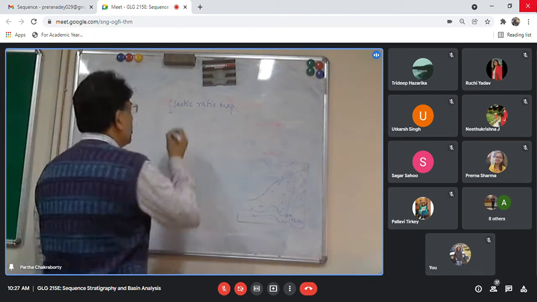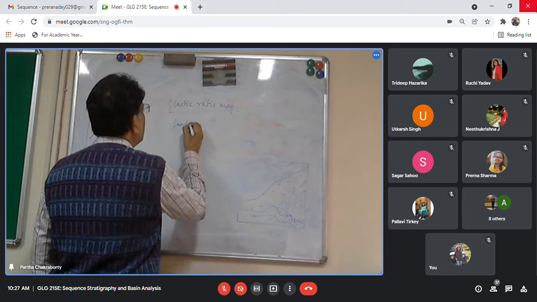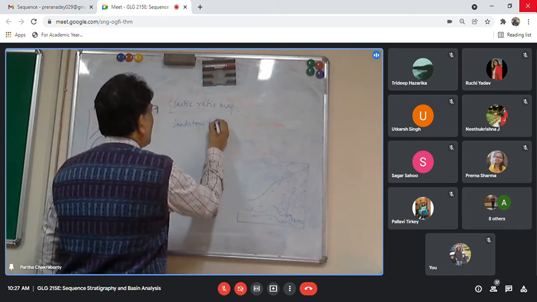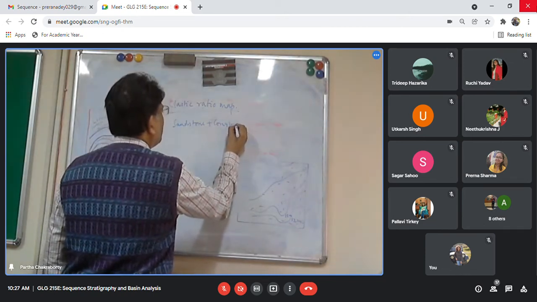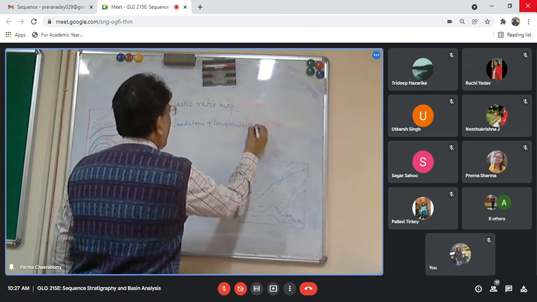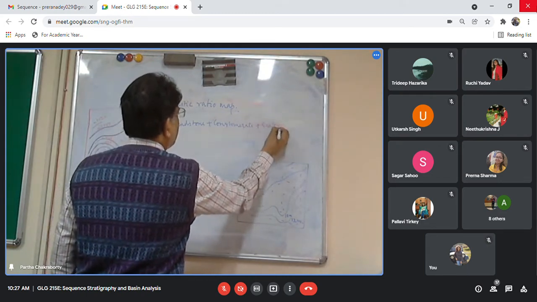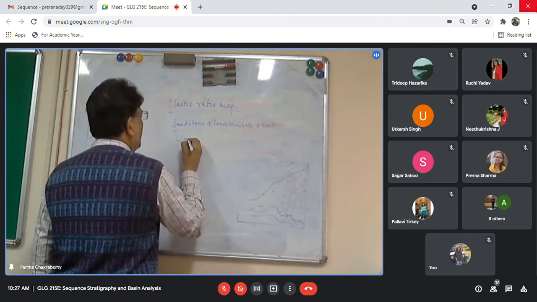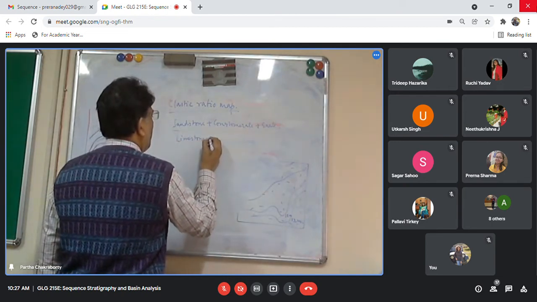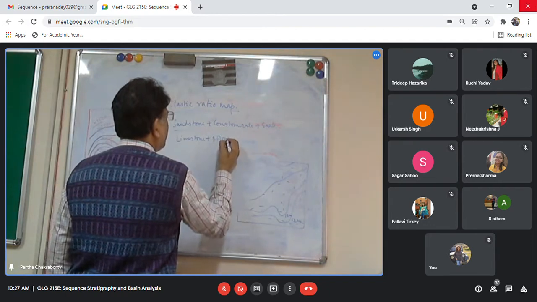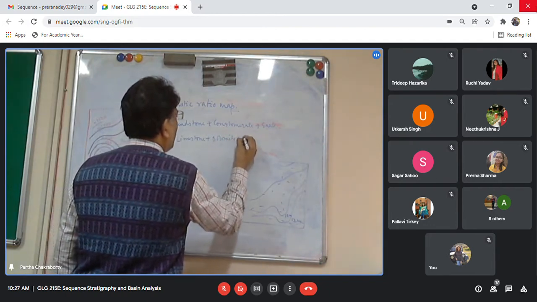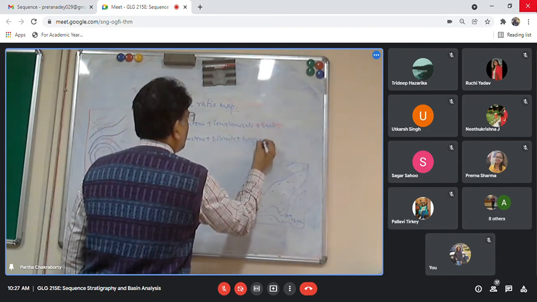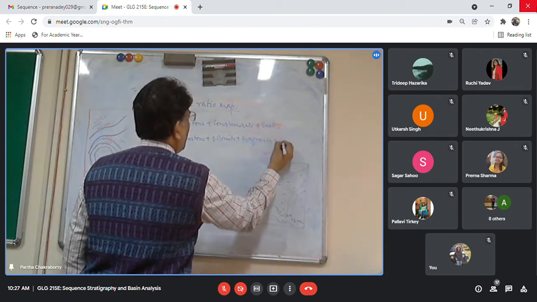We make a ratio: sandstone plus conglomerate plus shale, divided by limestone plus dolomite plus evaporite plus coal.